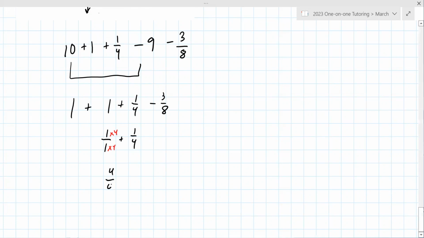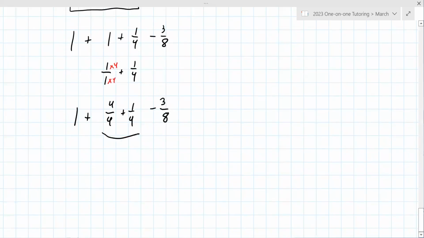So it's 4 over 4 plus 1 over 4. What does that become? Should be 5 over 4, right?